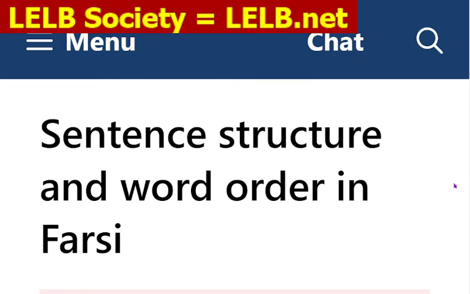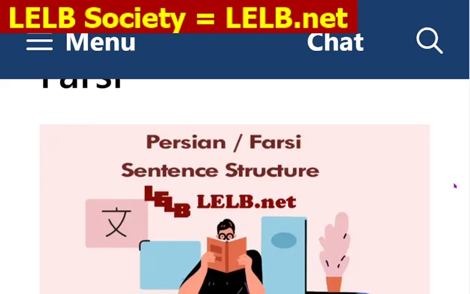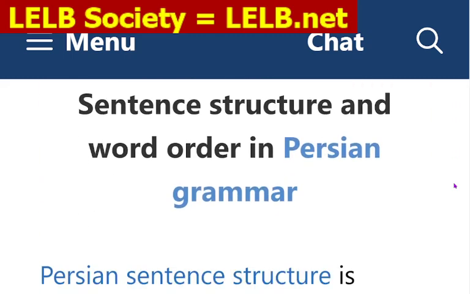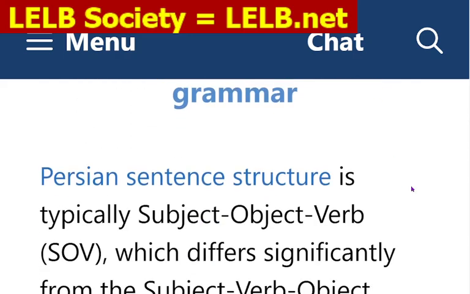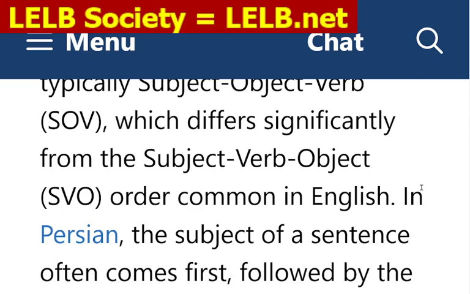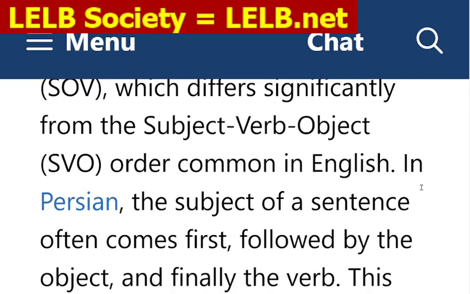Alright, sentence structure and word order in Persian grammar. Persian sentence structure is typically subject, object, verb, SOV, which differs significantly from the subject, verb, object, or SVO order common in English.